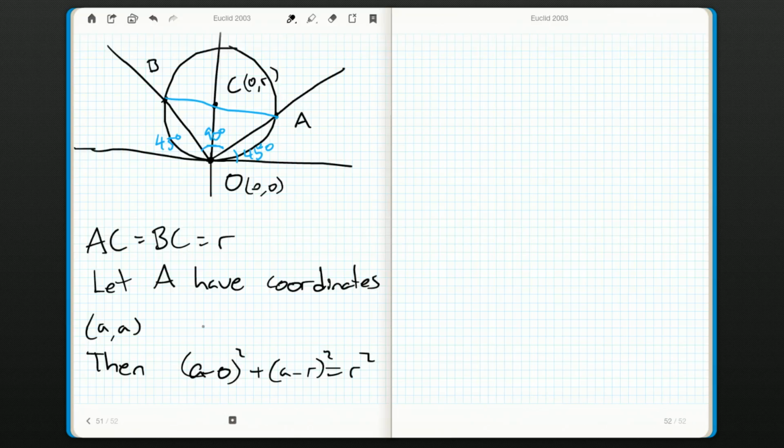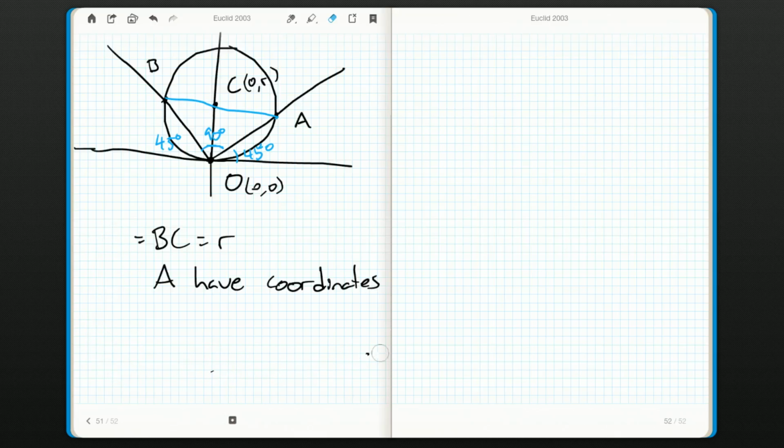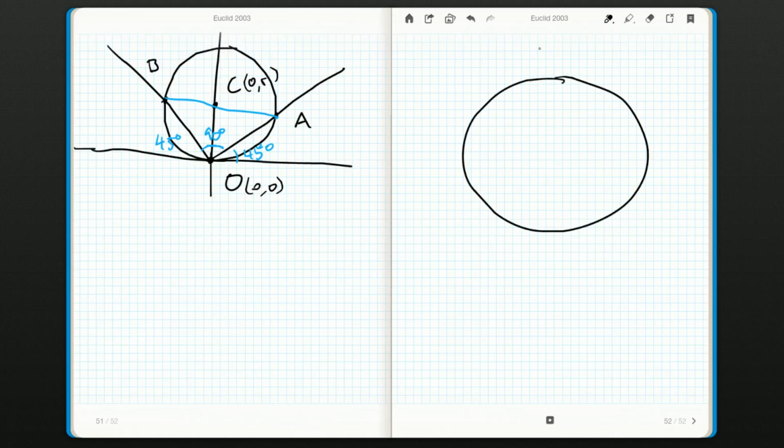Can I just say by symmetry? I think just saying by symmetry would work, and that would avoid all this nonsense. Because clearly the picture is going to have to be symmetrical. Otherwise, suppose it weren't symmetrical. We've got our circle, it intersects here.